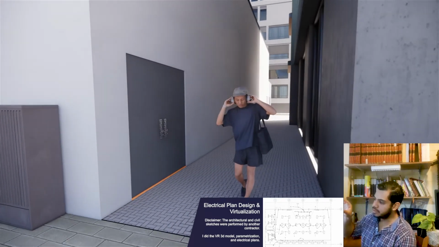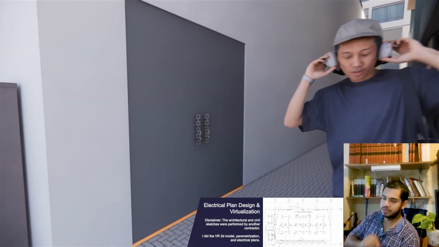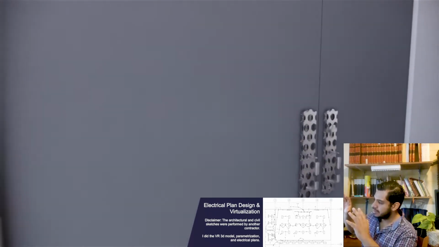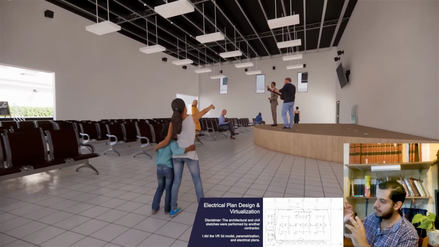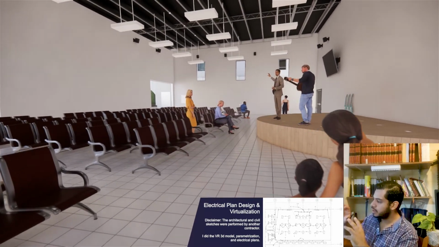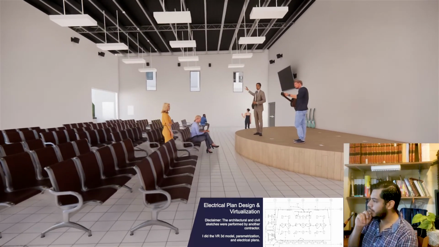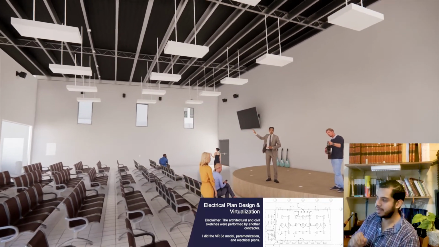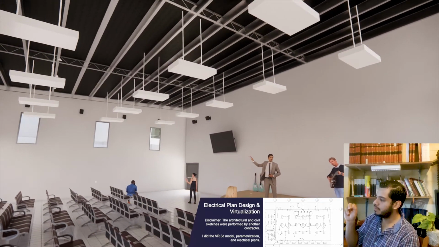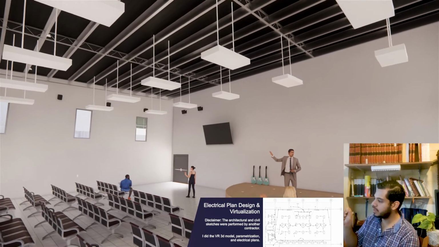Now we're going to go inside the building, and I'm going to explain a little bit about the map, because that is the important part that I want to explain in this video. All those lights are real parametric lights. They have parameters associated with them.